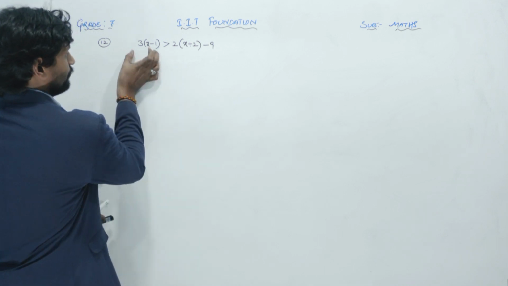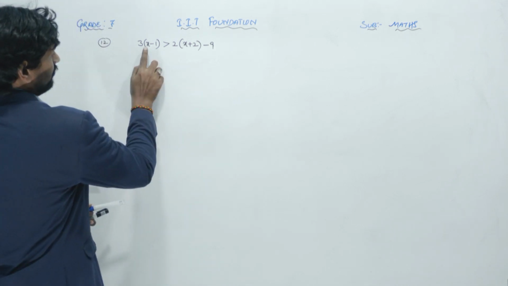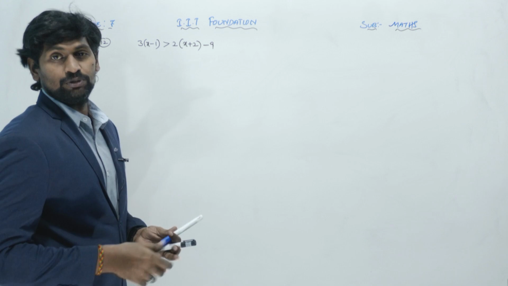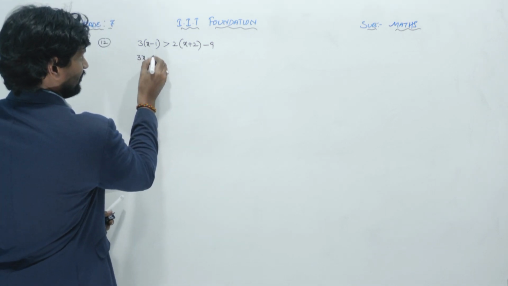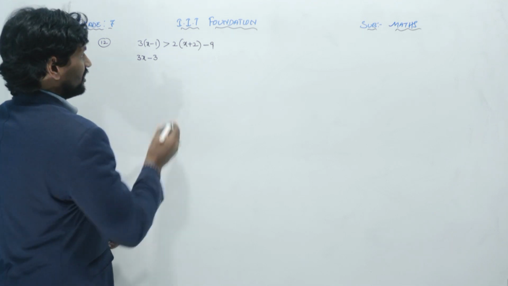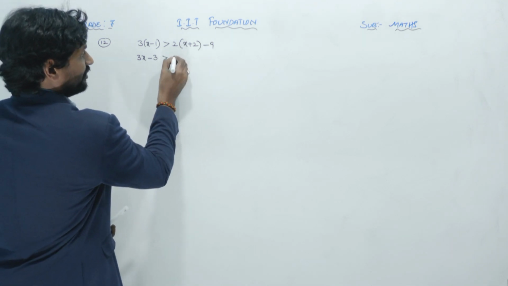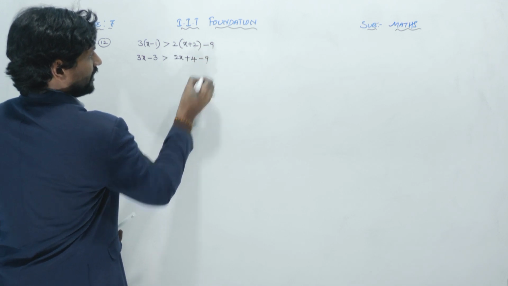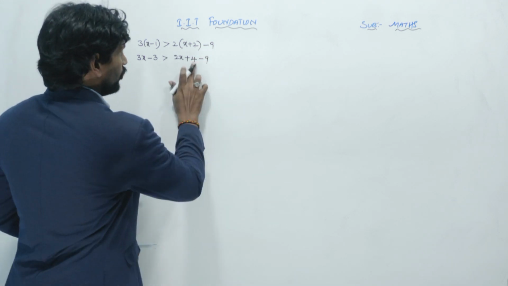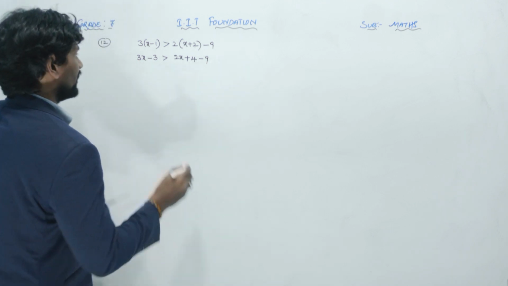Now I am multiplying the 3 with these two terms by using the distributive property. 3 into x is 3x, minus 3 ones are 3, greater than 2 into x is 2x, plus 2 into 2 is 4, minus 9. 4 minus 9 is minus 5.